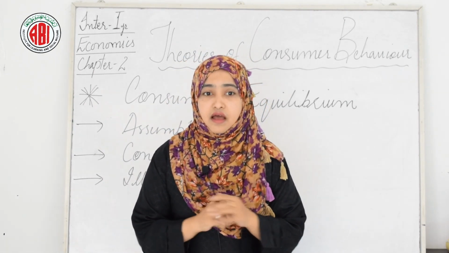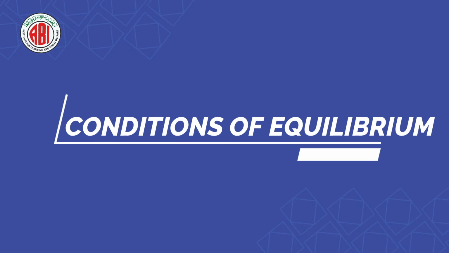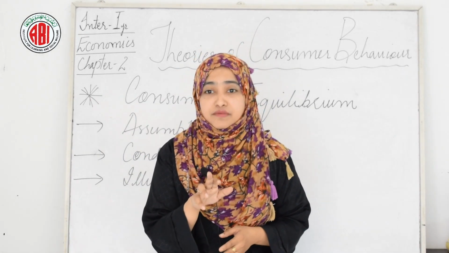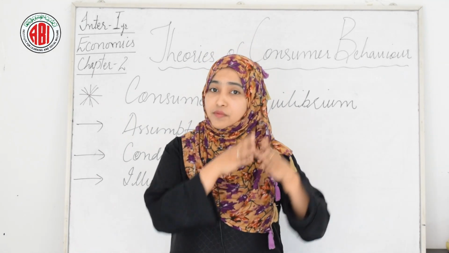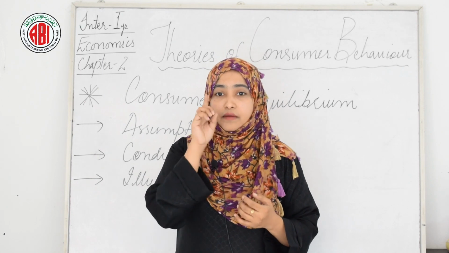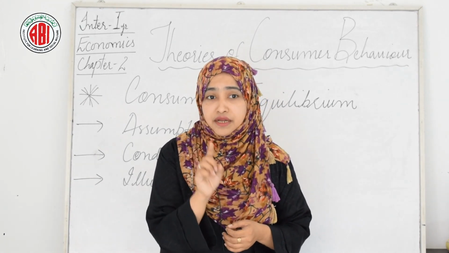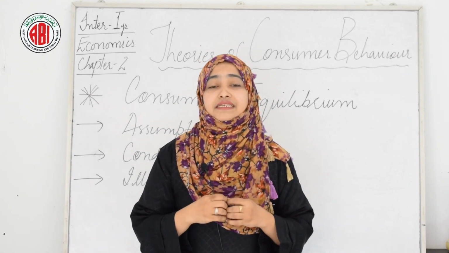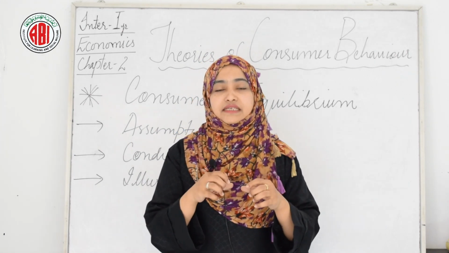Now we will see the conditions of equilibrium. There are two conditions that must be satisfied for the consumer to be in equilibrium. The first one is that at the point of equilibrium, the budget line or the price line must be tangent to the indifference curve at its maximum point.